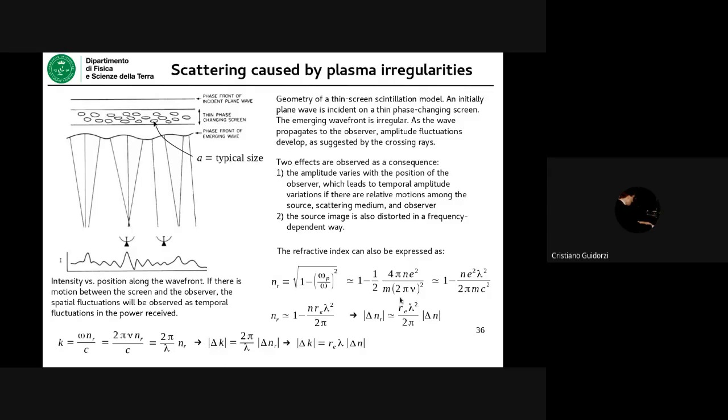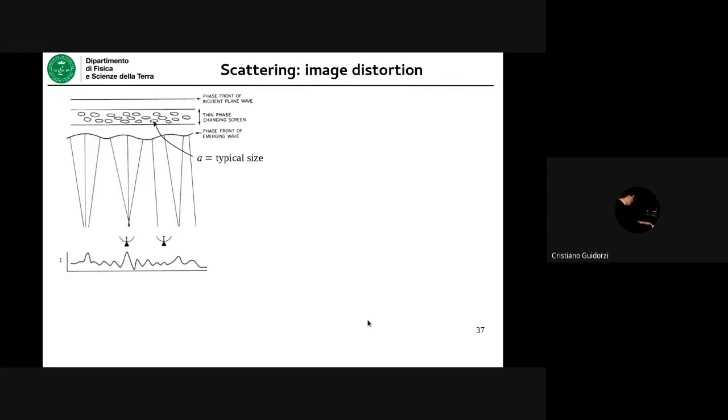By replacing, here you have 1 over lambda, and here lambda squared, so you're left with lambda. And then you have 2 pi at the denominator, so they just cancel out. So delta k is just the radius of the electron times lambda times delta n. Here I just put the absolute value. I'm not interested in the sign, for reasons that you're going to see in a moment. So this is the relation we've come up with.